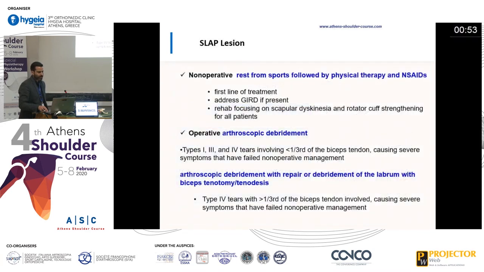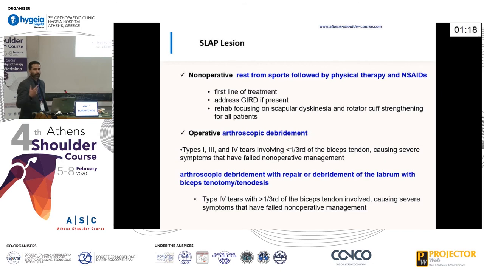The non-operative treatment is usually physiotherapy and non-steroid anti-inflammatories. We should always address the GIRD if present. Rehabilitation should focus on scapular dyskinesia and rotator cuff strengthening for all patients. The arthroscopic treatment, although it depends on the type of the lesion, is actually debridement, tenotomy or tenodesis.